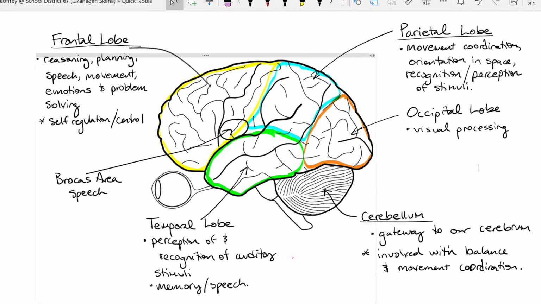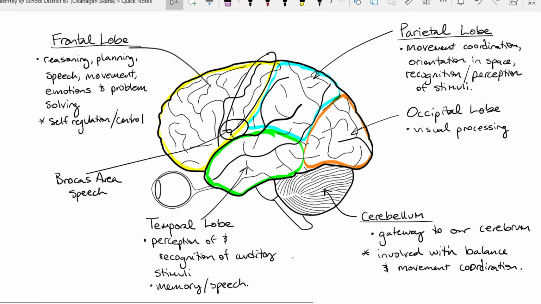Okay, so we've got our frontal lobe, our parietal lobe, our cerebellum, our temporal lobe, and our occipital lobe. We're just going to add in a couple more areas here that really help. Just on the line between the frontal lobe and the parietal lobe, we have an area here.